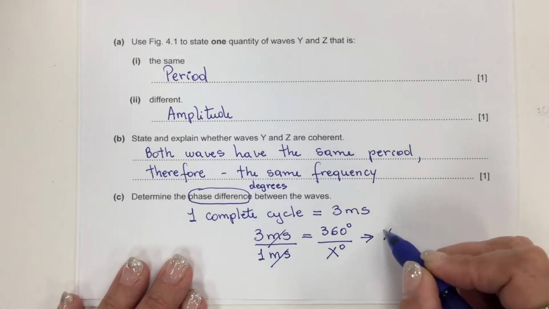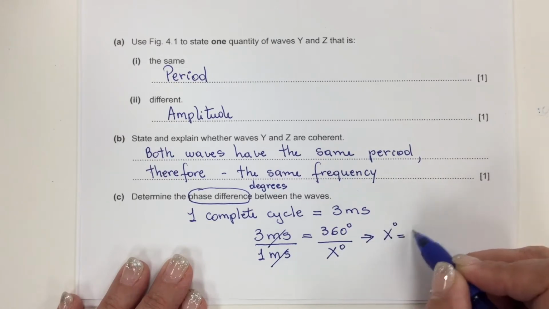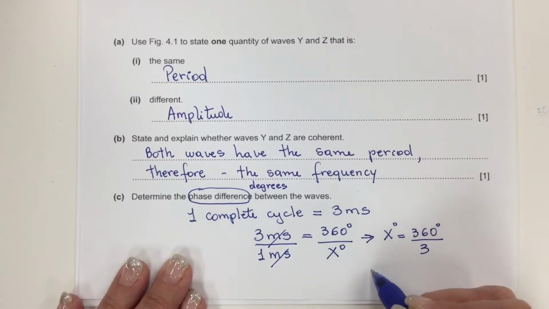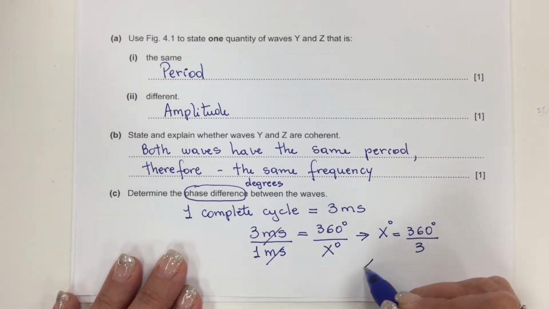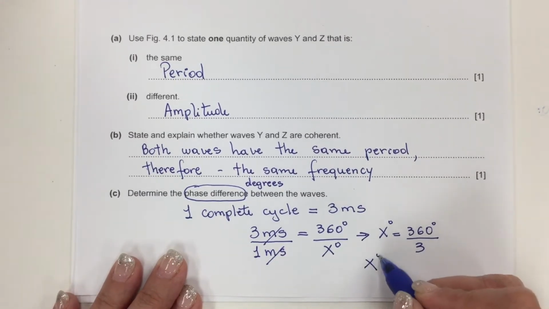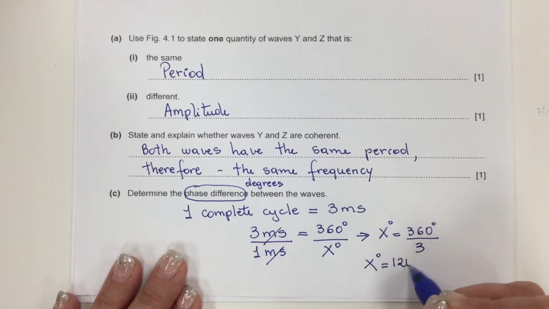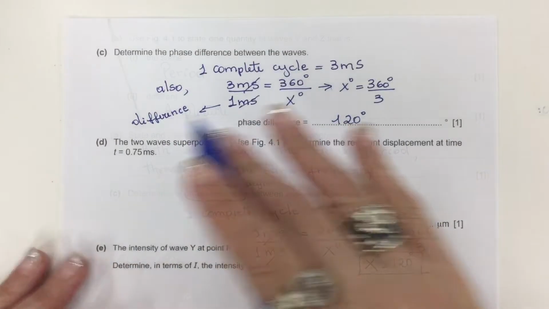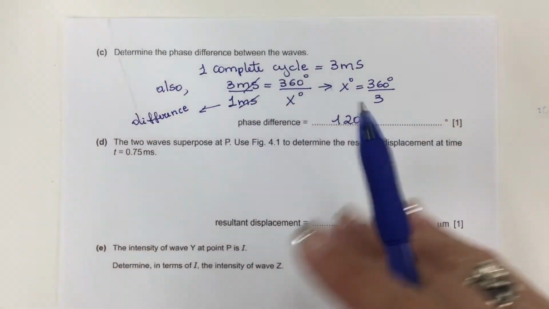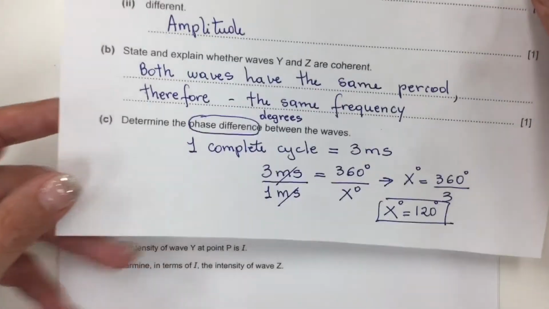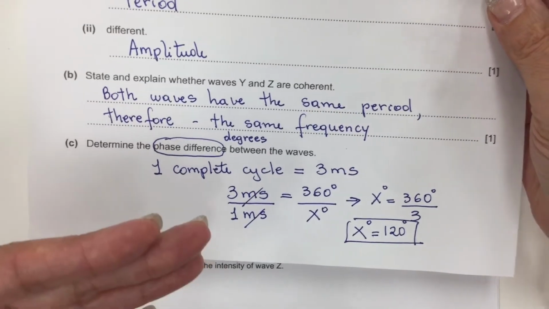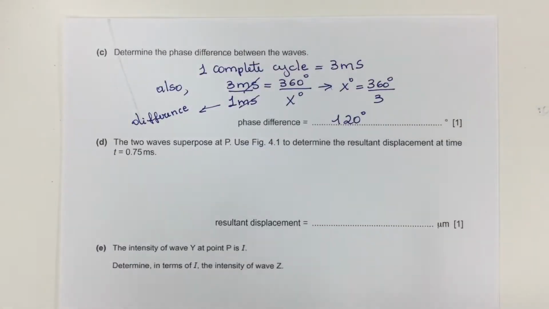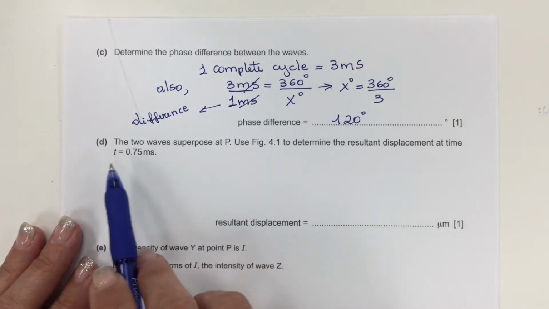So now x in degrees is 360 divided by 3. So the phase difference is 120 degrees. So here in this space, exactly what I did at the bottom of the prior page, I just placed in the right location. So now let's go to question D.